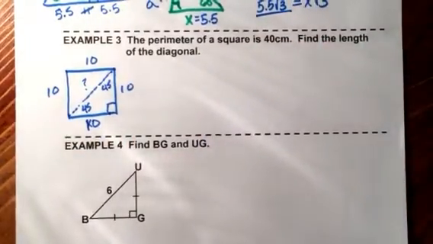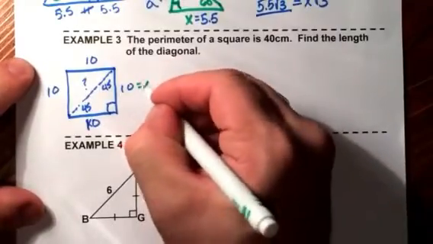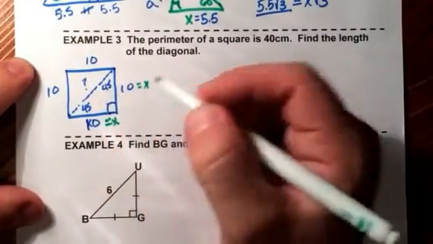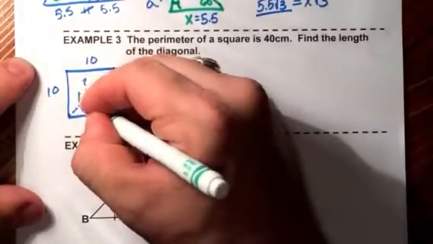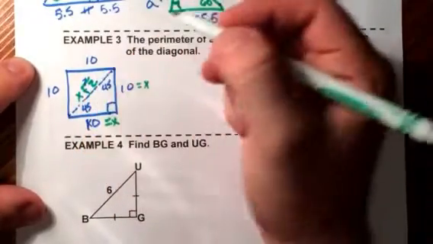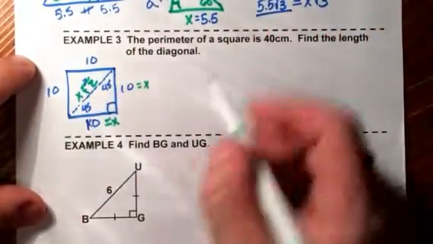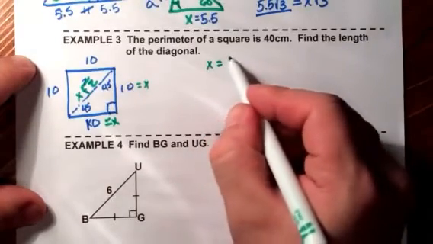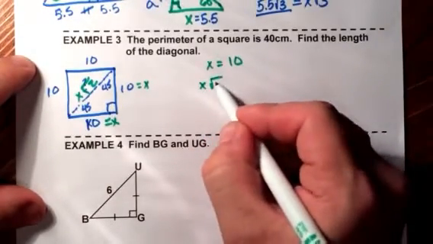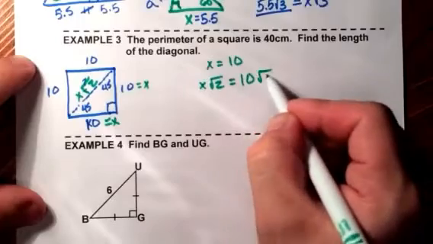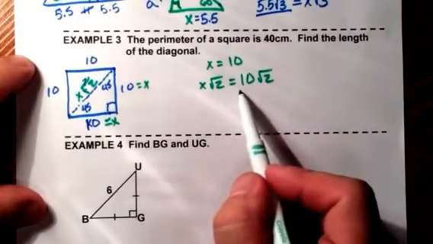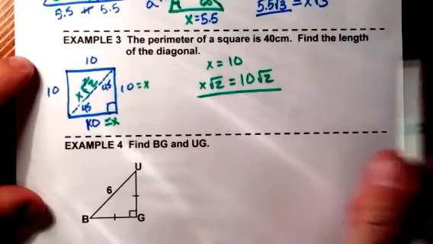So I know that my exterior edges are all going to be x, and my hypotenuse would be x radical 2. So in this case, if x equals 10, x radical 2 would equal 10 radical 2. And that would be the length of your diagonal.